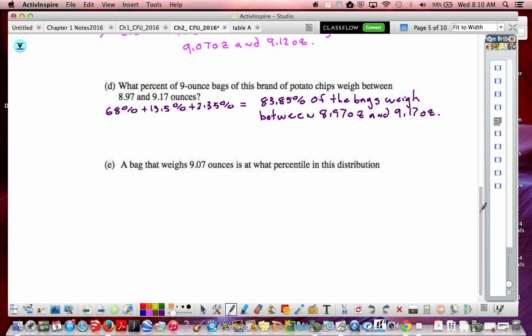So, a bag that weighs 9.07 ounces is at the 16th percentile.